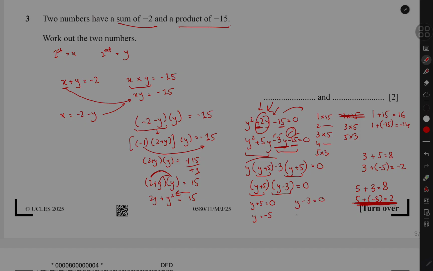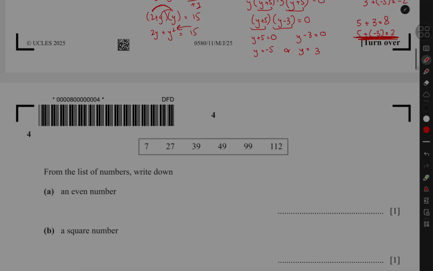Y equals negative 5 or y equals 3. Negative 5 and 3. I guess this was an interesting question. I just took a lot of time here to explain everything, but you can just quickly go through, do this question 2 or 3 times, and as soon as you get the hang of it, you'll just fly past it.